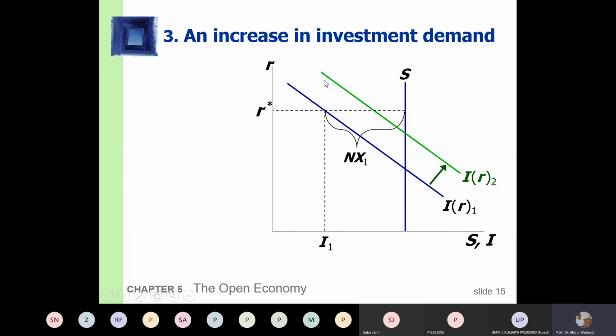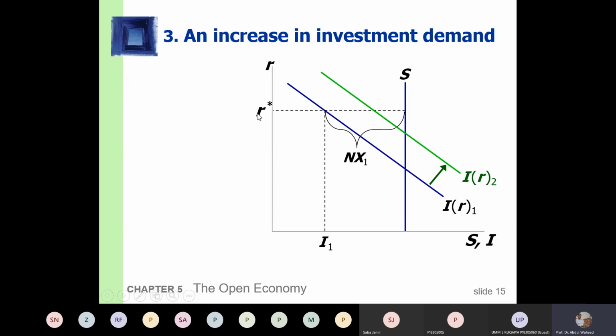This increase in investment demand is not because of the interest rate. This is because of some other factors. Maybe there is an investment-friendly environment in the country, or the government is facilitating investors through some subsidies, or some investment zones are there. So this is increased.